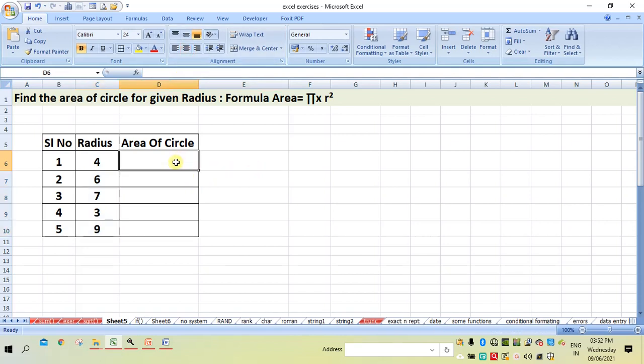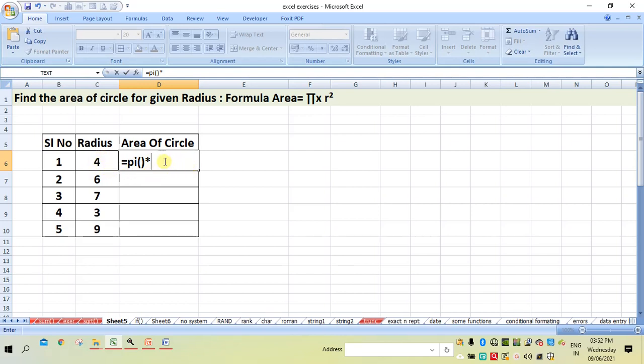So to find that, the formula is given here. So let us put the formula here. So is equal to pi, pi means in the place of pi we write pi. So bracket complete. Then next is into, that is star. Next is r. R value is here, that is a 4.